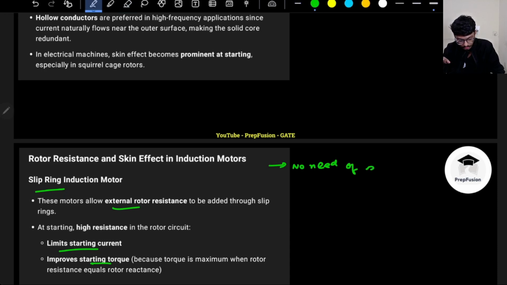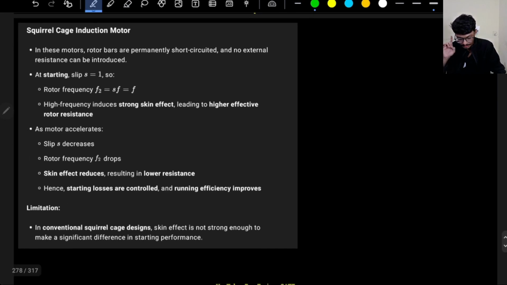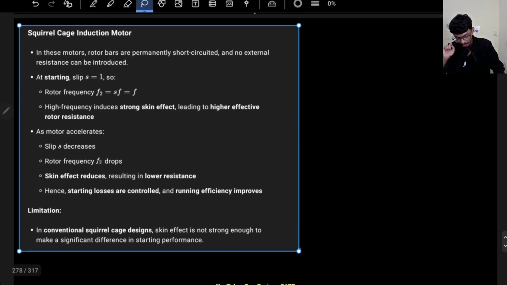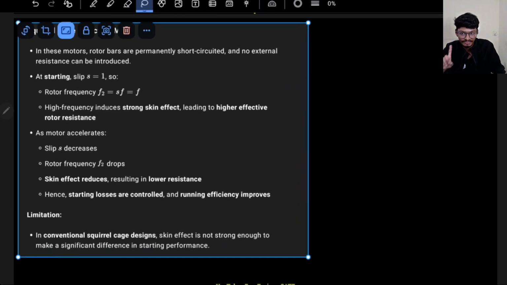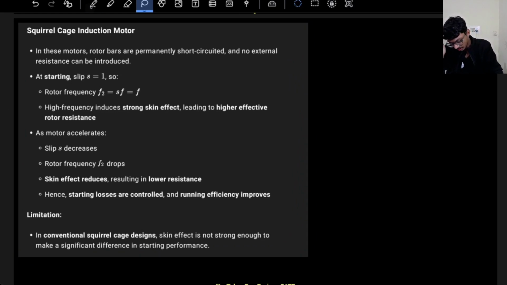But in the case of a squirrel cage induction machine, if you remember the construction, we did not have any provision to add external resistance. So here no external resistance can be introduced.